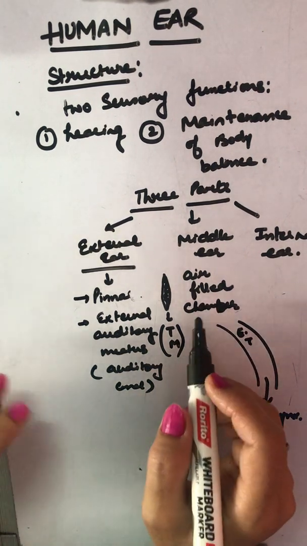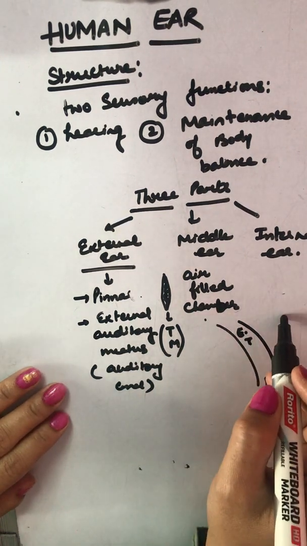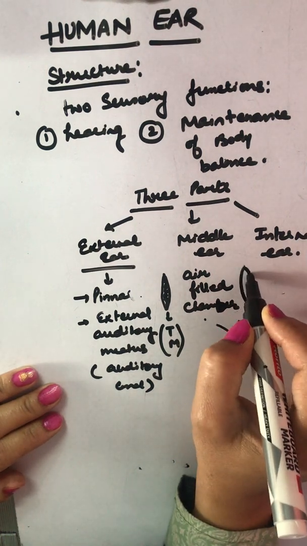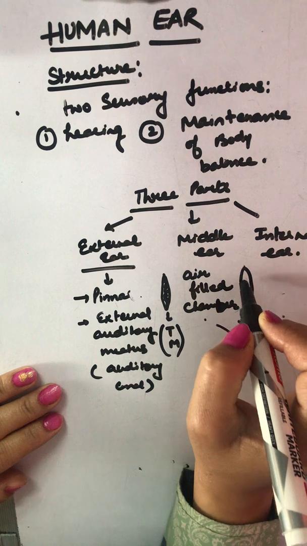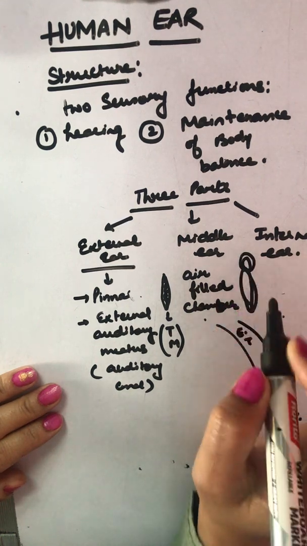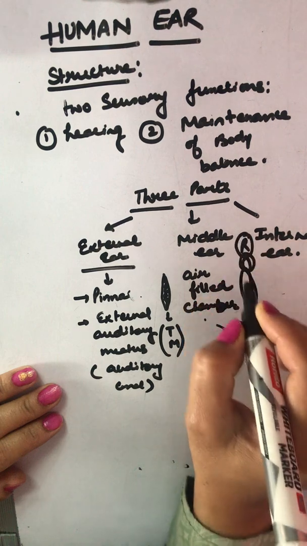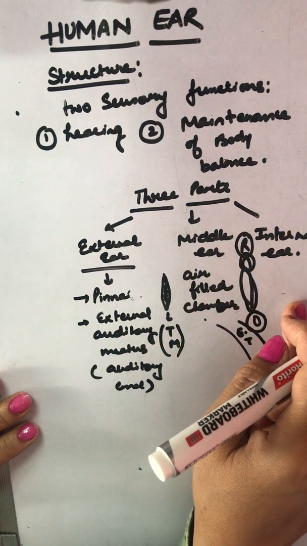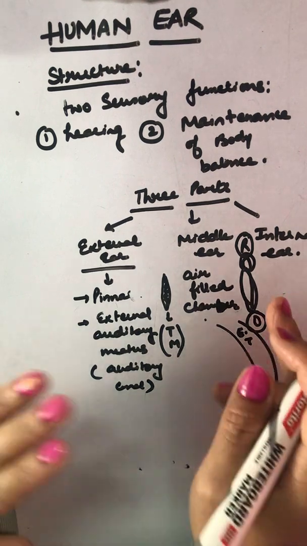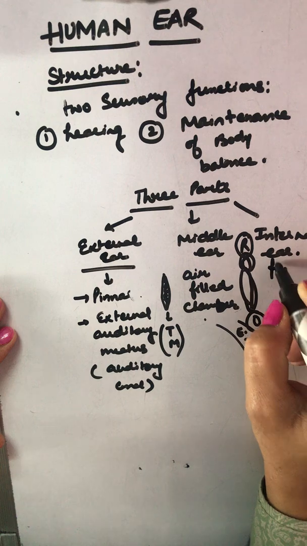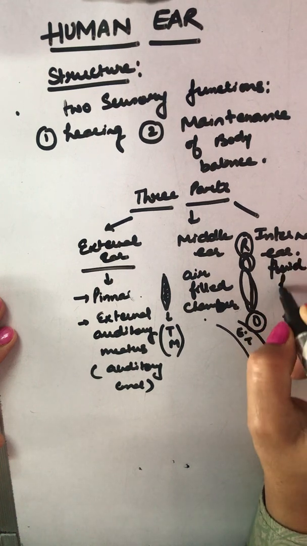Then this middle ear communicates with the internal ear through the oval window as well as the round window. Clear? The round window and the oval window together lead to the internal ear. And the internal ear, the inner ear, is fluid filled, not air filled.